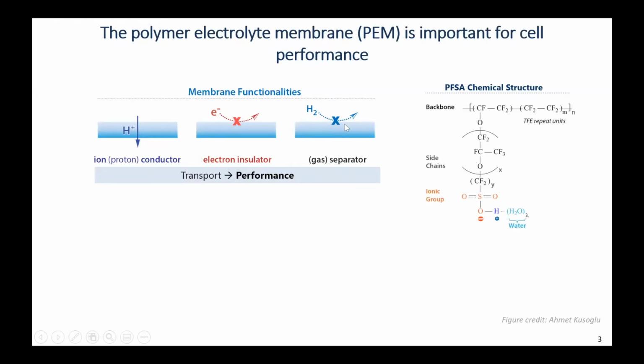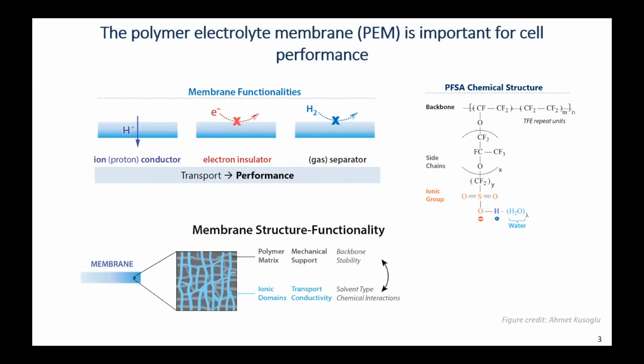One type of these solid polymer electrolytes is PFSA, which has a certain structure based on the chemistry that allows it to function. So there's this hydrophilic end group, which attracts water, and a hydrophobic backbone here, which gives it strong structure and mechanical stability.